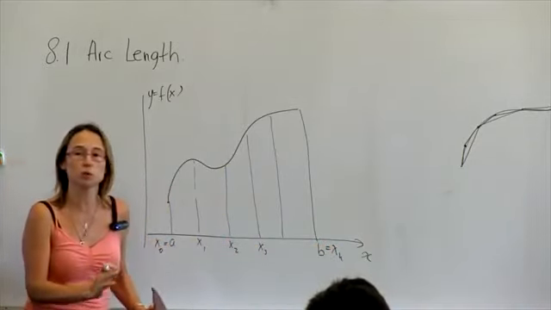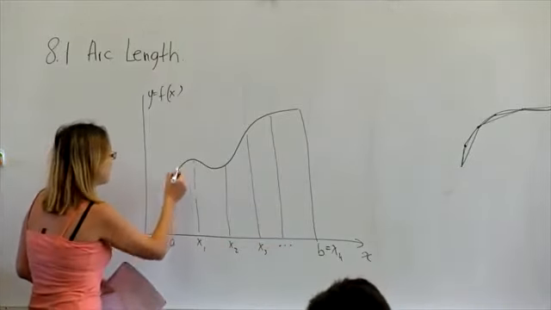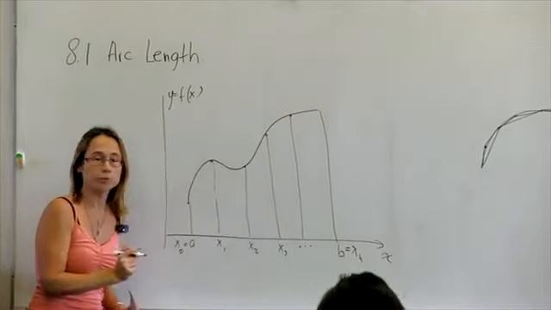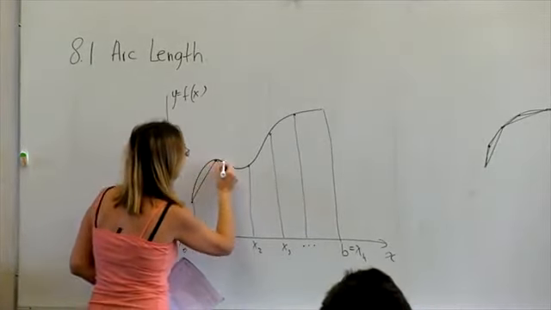As usual, we create a partition. Each partition point identifies a point on the curve, and we connect these points like this. We can name these points P0, P1, P2, and so on, Pn, right?